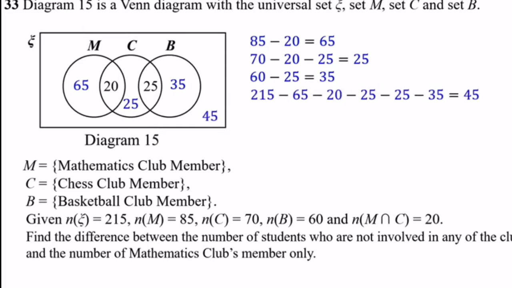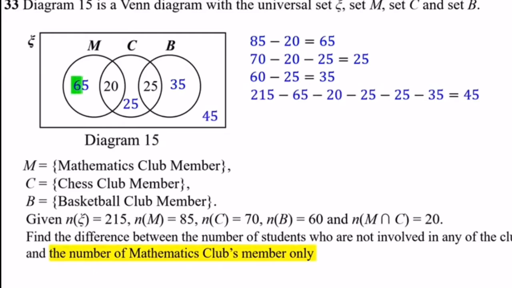Okay, but the question says we need to find the difference between the number of students who are not joining any of the clubs with the number of students who are taking mathematics club only. For mathematics club only, just now we got the answer already, 65.